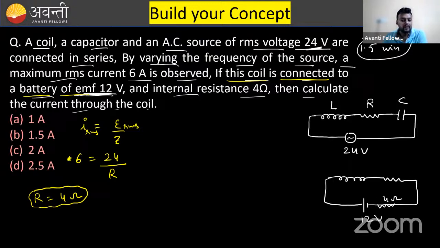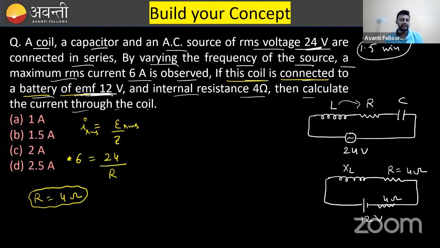Now this coil has the resistance R, which we have calculated to be 4 ohm, and it also has some reactance XL. You know that.